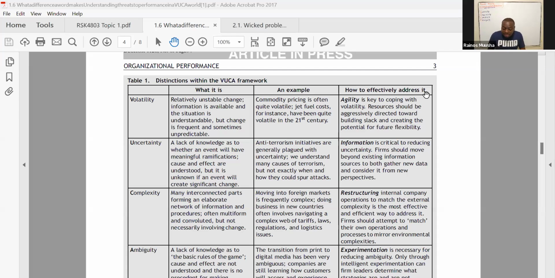They say agility is key to coping with volatility. Resources should be aggressively directed towards building slack and creating potential for future flexibility. So are there any questions regarding the first acronym?